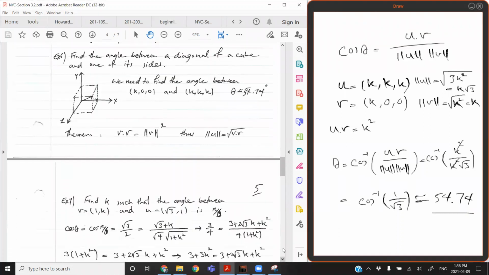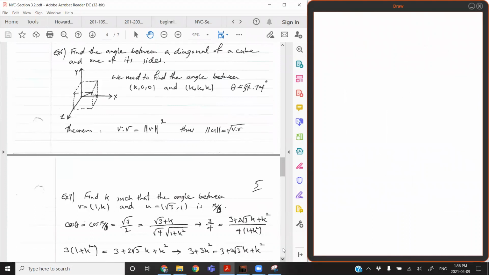So here we have a very simple theorem about the relationship between norm and dot product. If you multiply a vector v by itself, you're going to get norm of v squared, because imagine v is v1, v2, v3, a vector from 3-space.